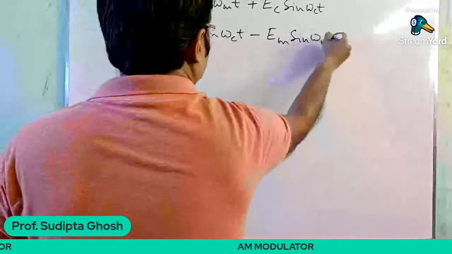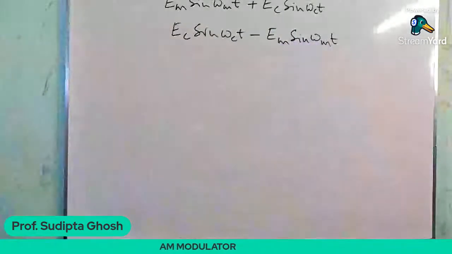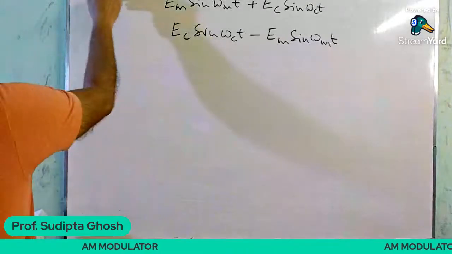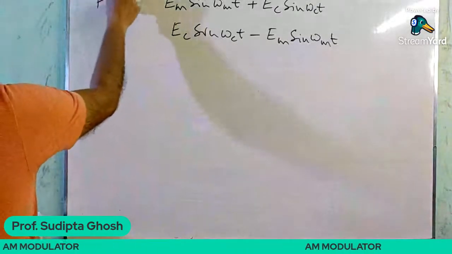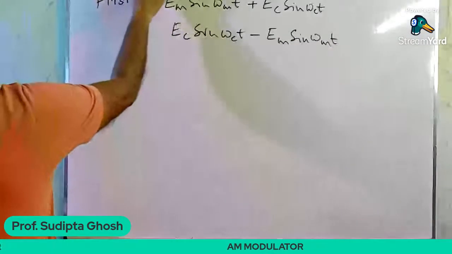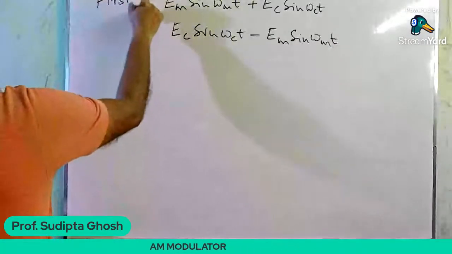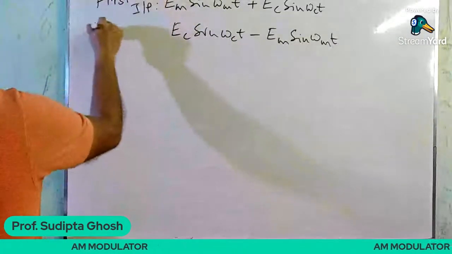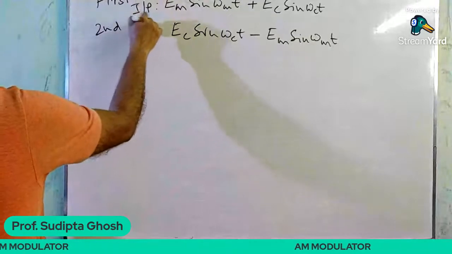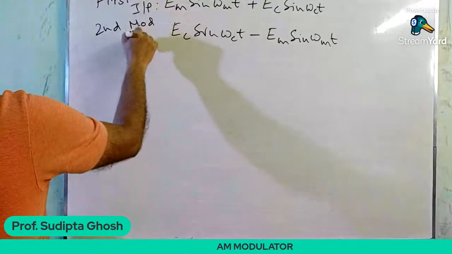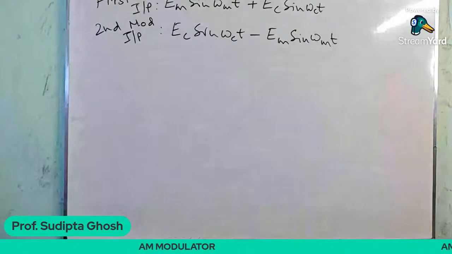I think it is okay to you all. So this is the first modulator input, and this is the input of the second modulator circuit, right?